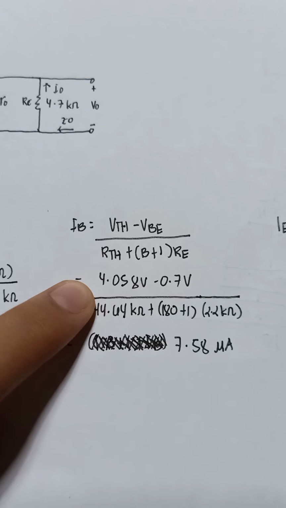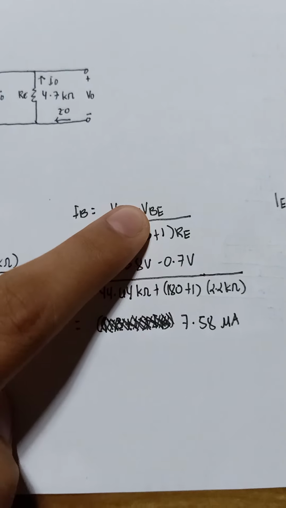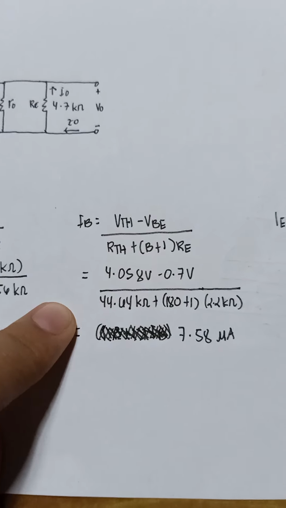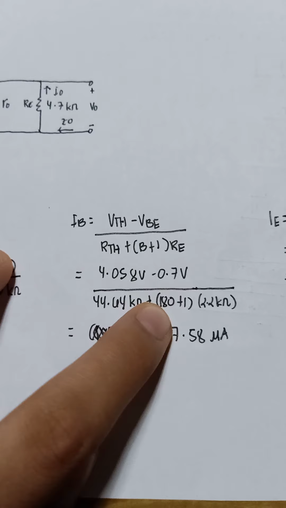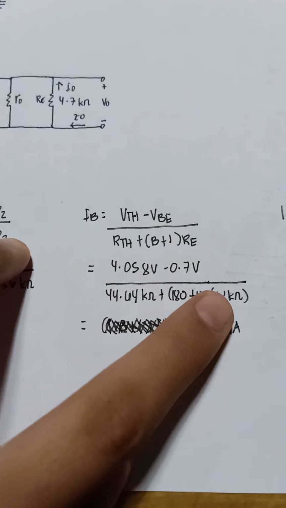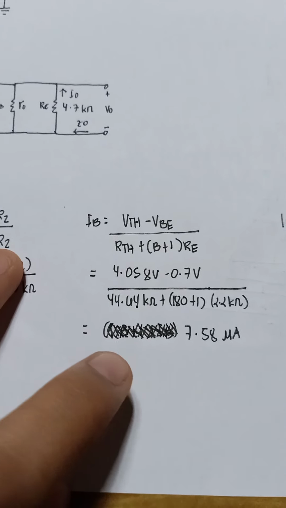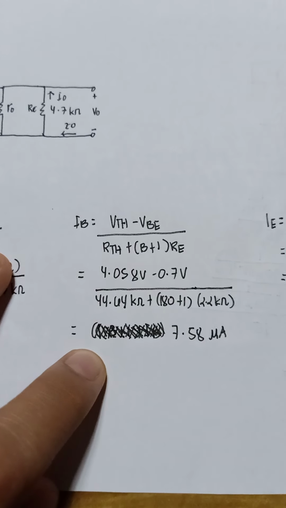So we have 4.058 volts minus 0.7 volts, which is the constant for VBE, over 44.64 k ohm plus 180 plus 1 times 2.2 k ohm. So the value for IB is 7.58 microamperes.